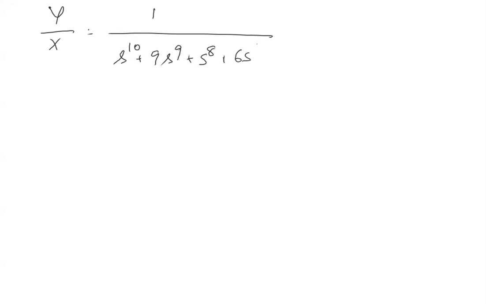Now, suppose I have a big transfer function, let's say y by x equal to 1 by s power 10 plus 9 s power 9 plus s power 8 plus 6 s power 7 plus s power 6, plus 10 s power 6 plus s square plus 1. How do you define stability of this one?